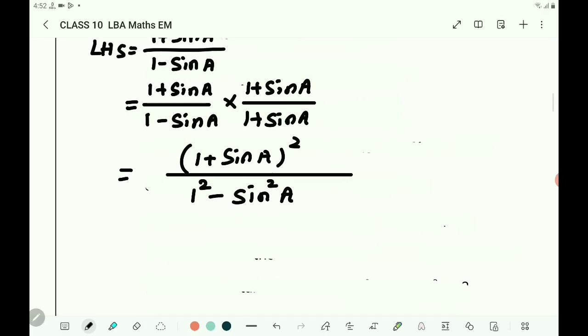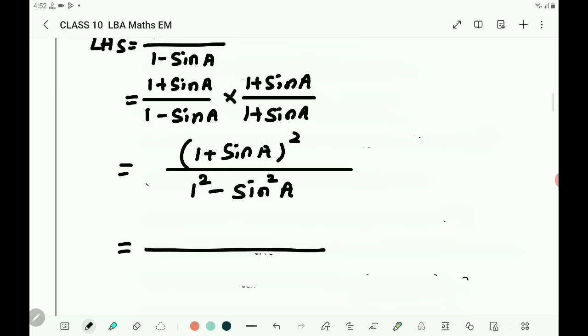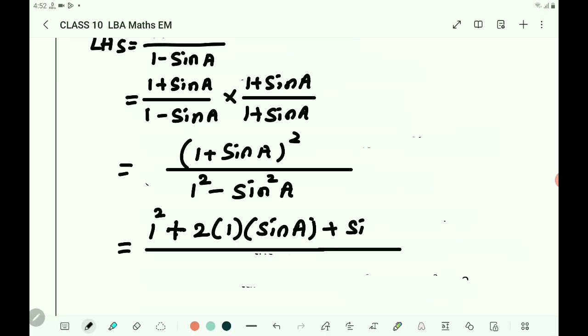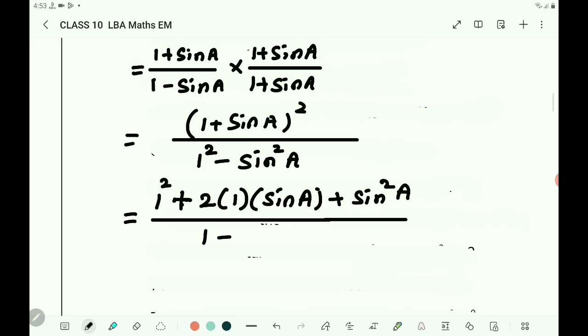A square minus B square equals, expand it by using the identity A plus B the whole square, that is A square plus 2AB plus B square. A square is 1 square, 2AB is 2 into 1 into sin A plus B square. B square is sin square A by 1 minus sin square A. Write this 1 square as 1.